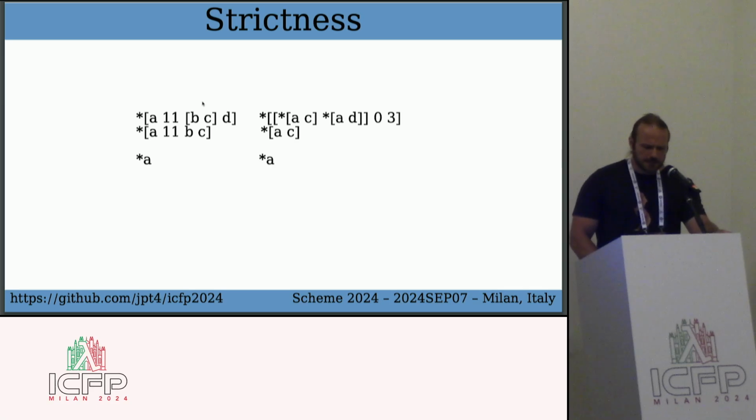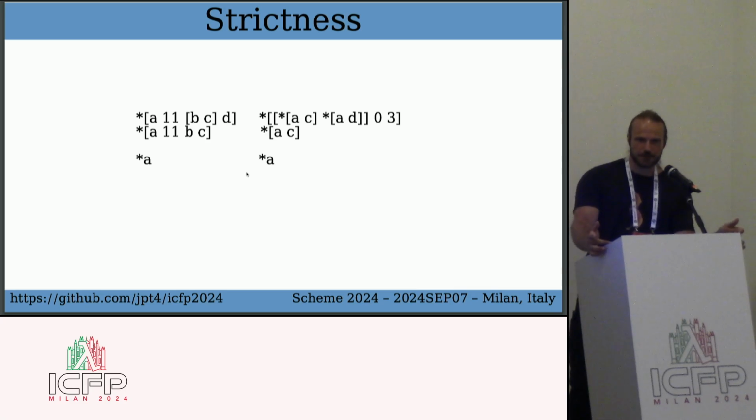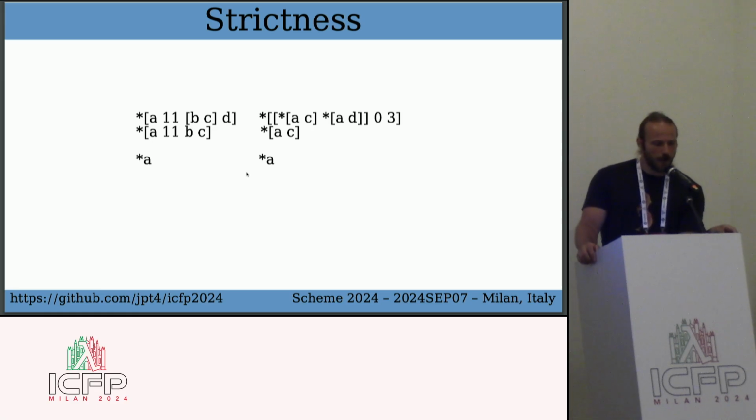The other interesting case is the final rule, this star A to star A, which, if nothing else matches, produces an infinite loop. You do, in fact, need to identify that it's an infinite loop and then perform some sort of out-of-band interrupt.